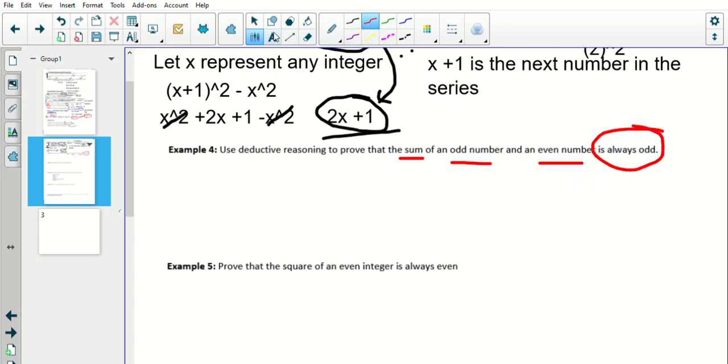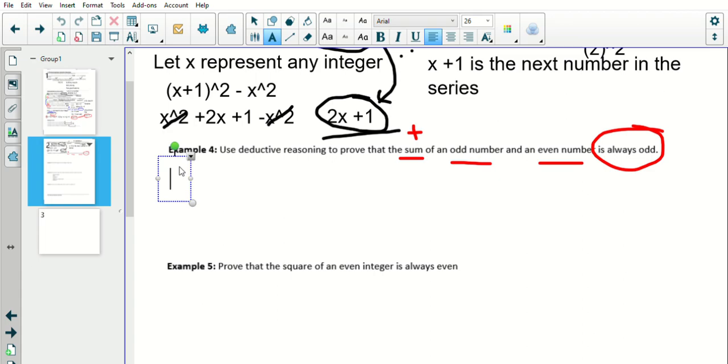Right from the question, I know I'm dealing with a plus, because I'm summing something. I have an odd number, which means I'm going to have my 2x plus 1. I have an even number, which means I have my 2x. And I'm going to have my proof trying to prove that it's going to be 2x plus 1 somewhere down the line. Okay? So, like always, let's start with a statement.